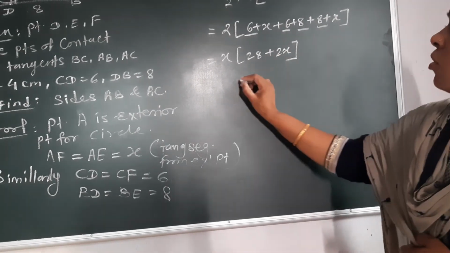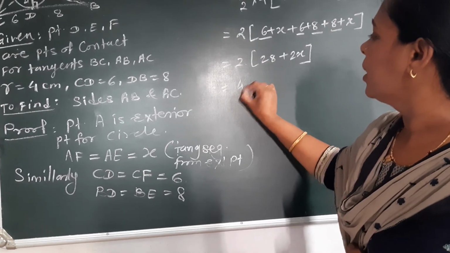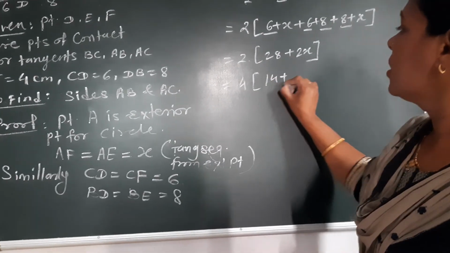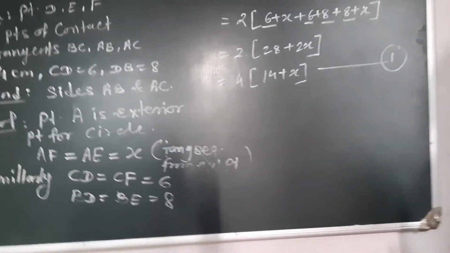Again take 2 as a common factor. 2 into 2 becomes 4. So 4 into (14 plus x) is the area of the triangle, in equation number 1.